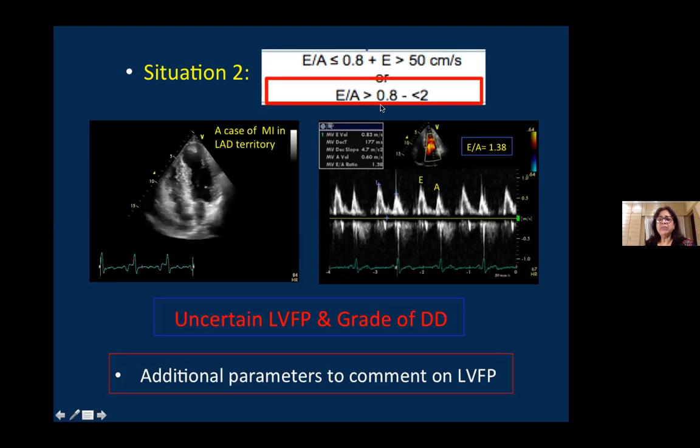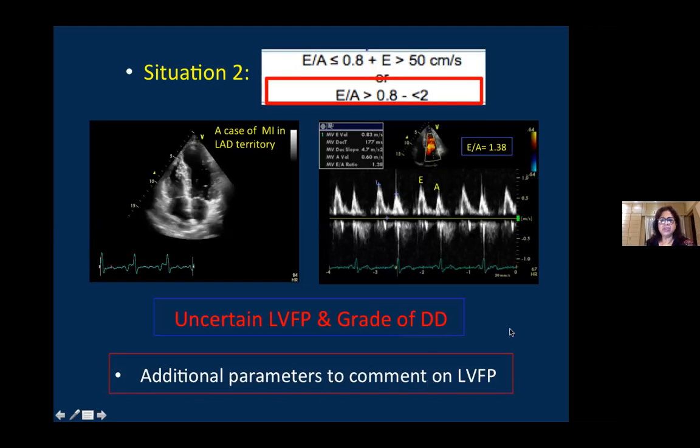So it's more than 0.8, but definitely less than 2. In this situation also, the LV filling pressure is uncertain and we cannot grade diastolic dysfunction. We need additional parameters to comment on the LV filling pressure.